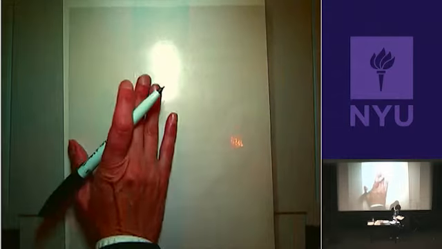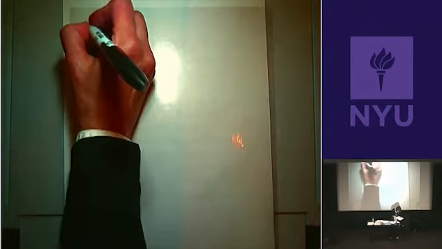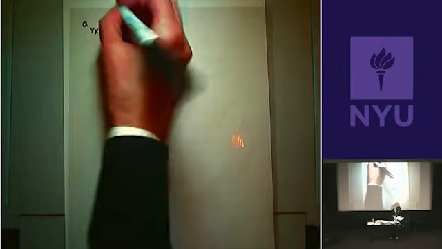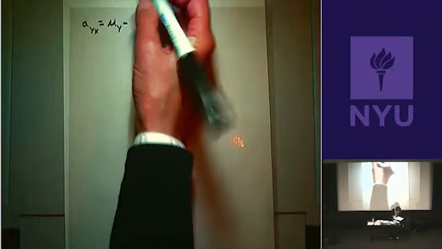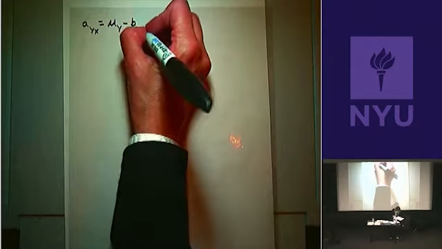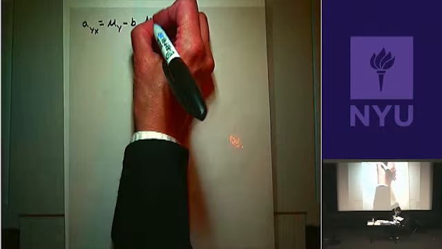So let's actually do that. So I have to find my intercept, which is the mean of y minus the slope times the mean of x.